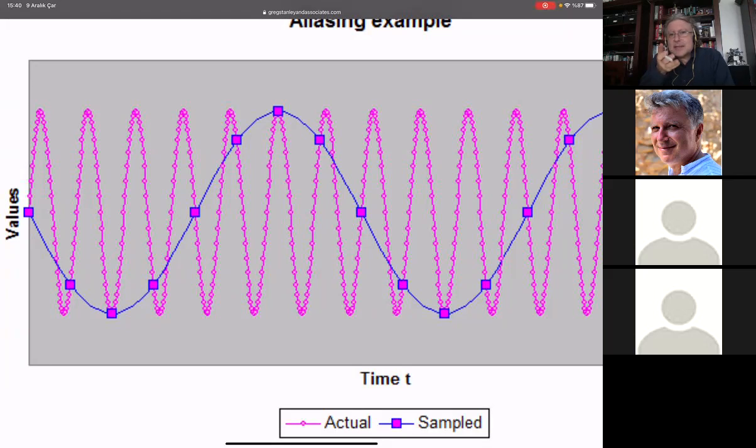The frequency of this particular sinusoid is omega s minus omega 0. Okay, it's a different frequency. It is a sinusoid, but it has nothing to do with the signal, which is a high frequency signal at the background that we try to sample. This phenomenon is a very good example of aliasing.